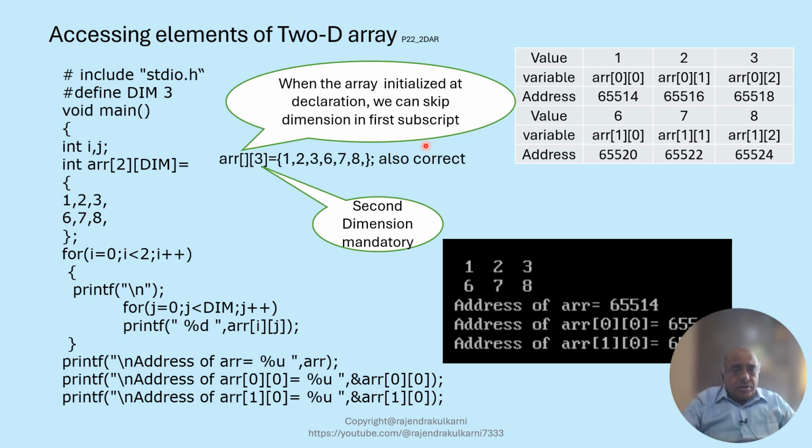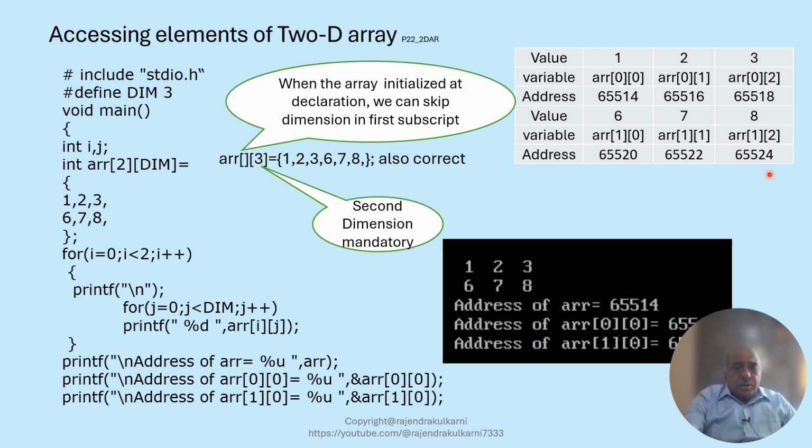Similarly, for the next 1D array, which is the next element of the 2D array, address 65520 will contain the value 6, which is the 0th element of the ARR[1] array, and similarly 65522 and 65524 will hold the values 7 and 8.